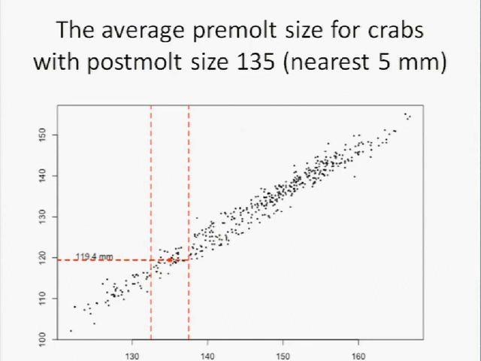What I would do is look at all the crabs between 132.5 and 137.5, and then calculate the average y value, which is the average pre-molt. The average pre-molt of all the values within the strip is 119.4. And I'm going to do that for every 5 units, repeating this.